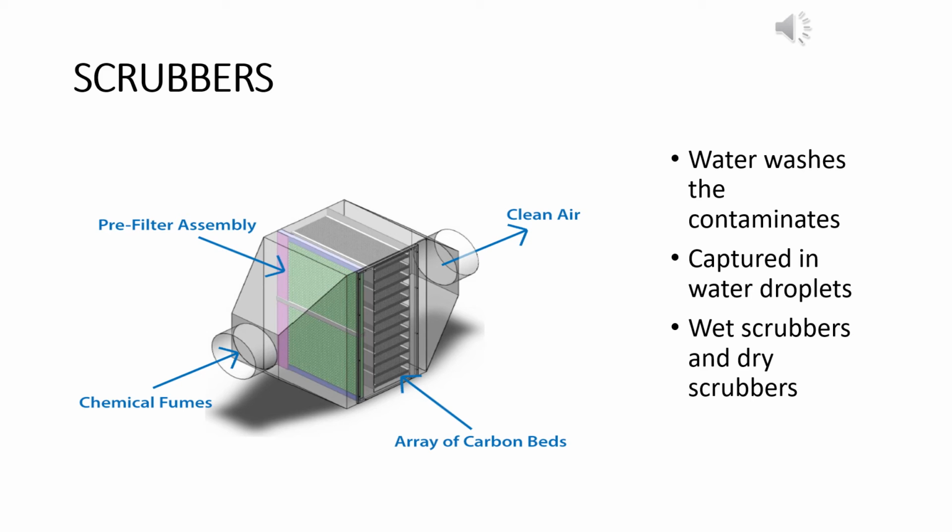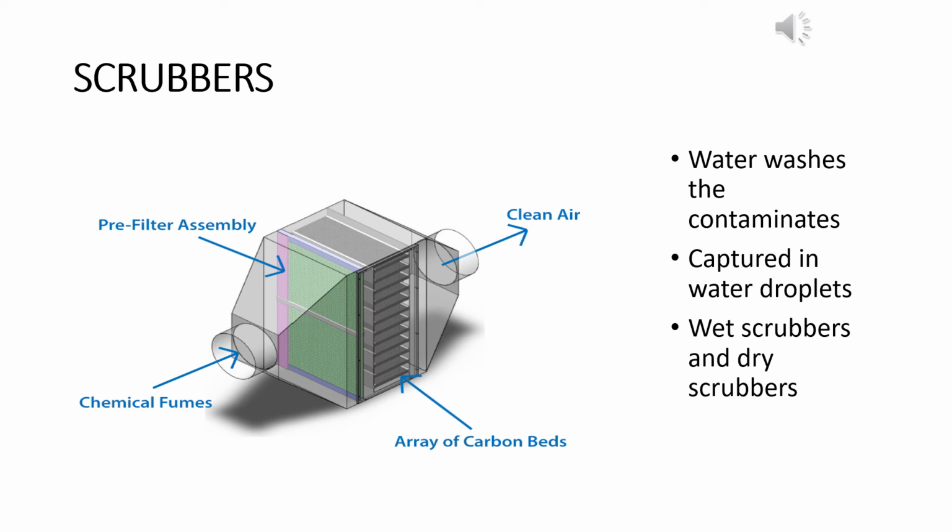One is called the dry scrubber and another is called the wet scrubber. The picture that is given in your book is an example of a wet scrubber because it has a water spray or water supply, and the picture that is given in the slide is an example of a dry scrubber that does not use water.